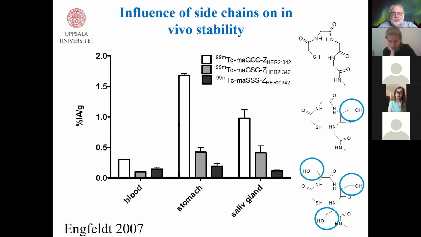I mentioned that pertechnetate accumulates in organs which express sodium iodide importer. And it's stomach, thyroid, and salivary gland, which have noticeable overexpression of sodium iodide importer. And instability of the complex is often manifested by elevated blood, elevated stomach uptake, and elevated salivary gland uptake.